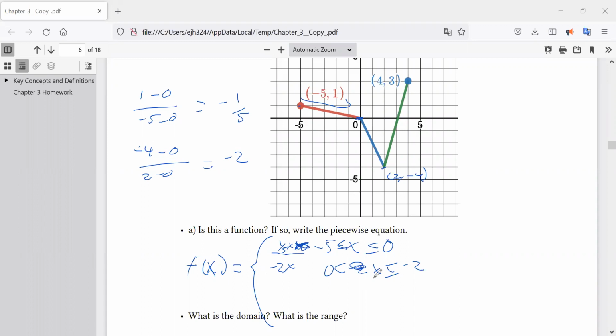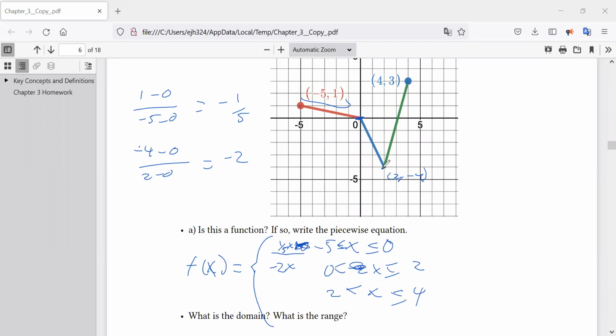So it's just -2x. And now finally we'll look at this guy right here. So what's that range? It would be x greater than or equal to 2, and x less than or equal to 4. Exactly.